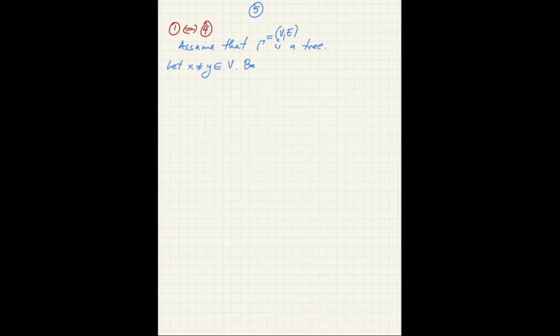And now because gamma is connected, there is at least one path from X to Y. Okay.